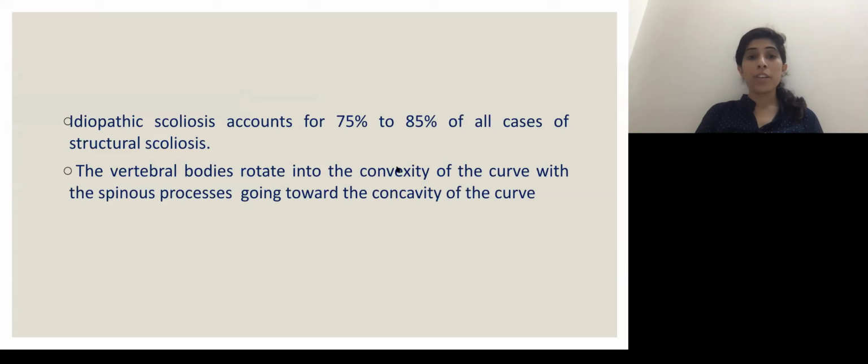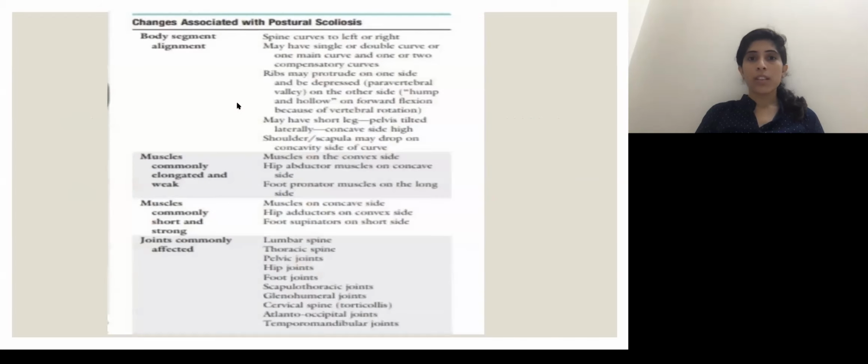We have idiopathic scoliosis, where 75 to 85% of the cases are idiopathic. The vertebral body rotates toward the convexity of the curve, with the spinous process going towards the concavity of the curve. Okay, so these are the changes associated with postural scoliosis.